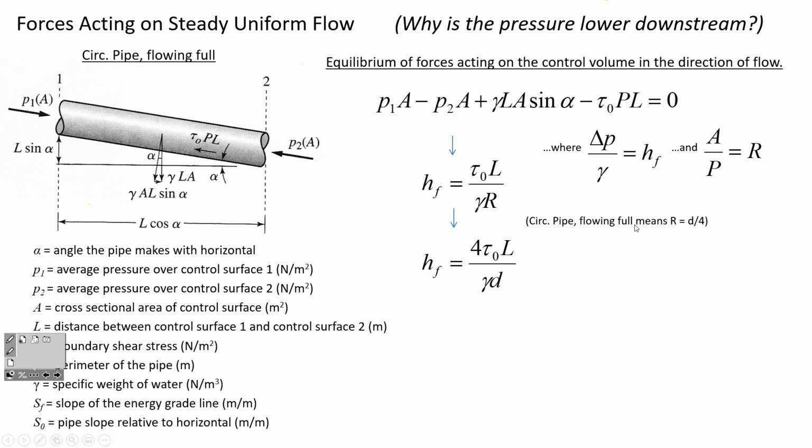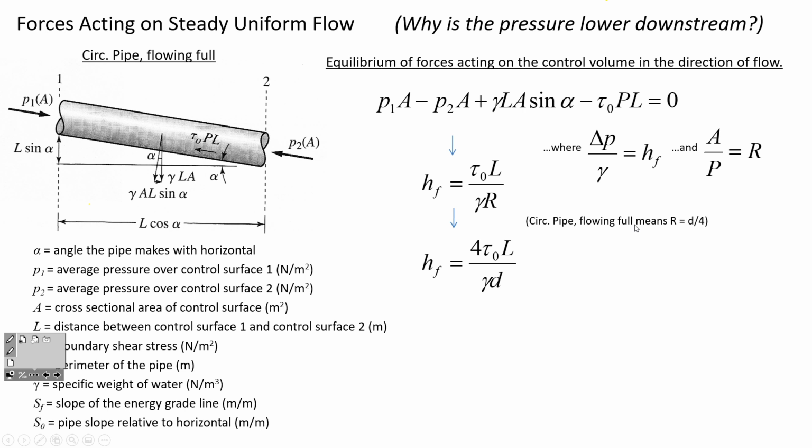let me just define this on the board. Of course, we know, like for a circular pipe, for example, that the area is pi d squared divided by 4, right? And then the perimeter of the pipe is pi d. That's the perimeter of the pipe. Hydraulic radius, the definition of that is area divided by the wetted perimeter.